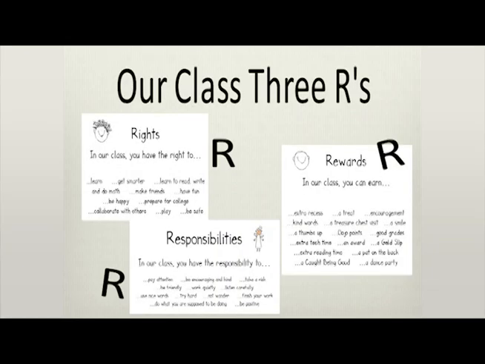It's a second grade standard to talk about their classroom community. And for this particular class, they talked about their rights, their responsibilities, and the rewards they get for having excellent citizenship, because at that age level, tangible rewards are important. In 5th grade, they can be more intrinsic.